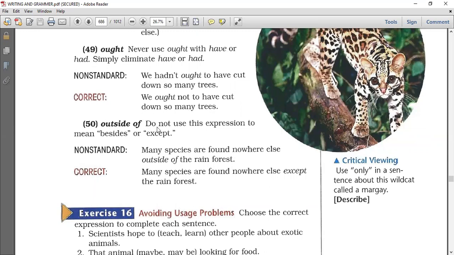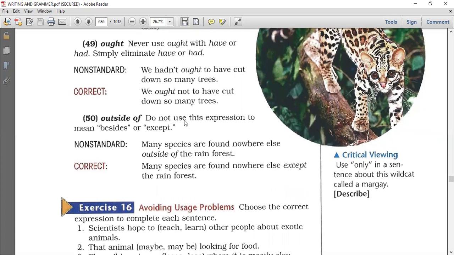Number 50, outside of: do not use this expression to mean besides or except. Many species are found somewhere or nowhere else outside of the rainforest. So we said outside shouldn't be followed by of. How can we correct it? Many species are found nowhere else except the rainforest.